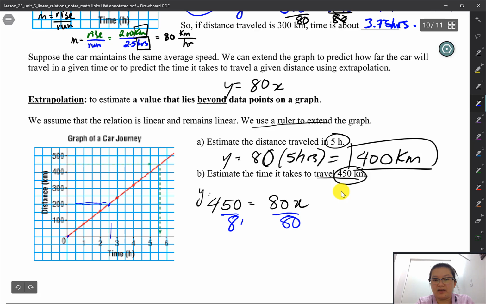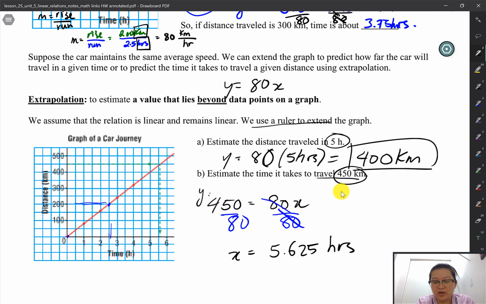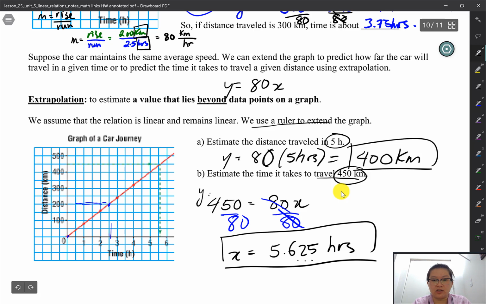We solve for x because that's the time that we want to figure out. Divide both sides by 80, and we get x is equal to, putting this in our calculator, 5.625 hours. And notice, we are a little bit more precise here because we know down to a few more decimal places exactly how many hours this person took.